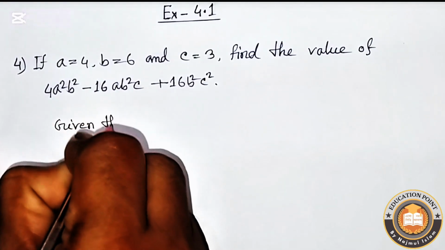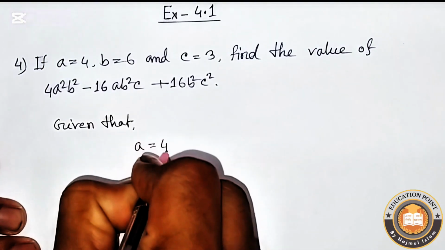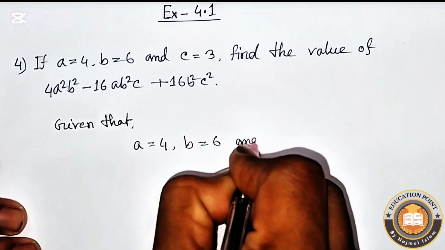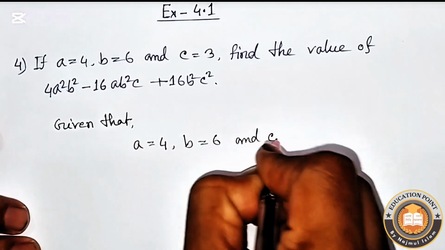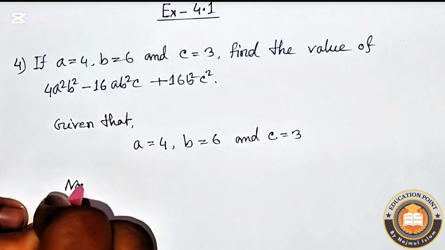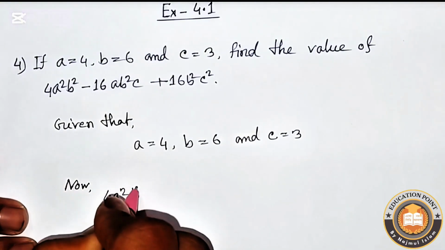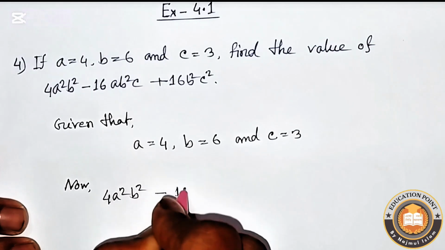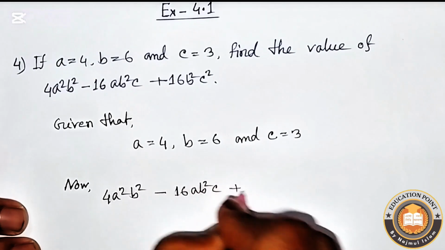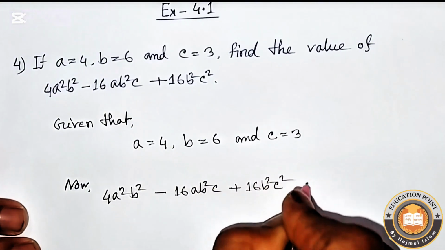Given that a equals 4, b equals 6 and c equals 3. Now, 4a²b² minus 16ab²c plus 16b²c².